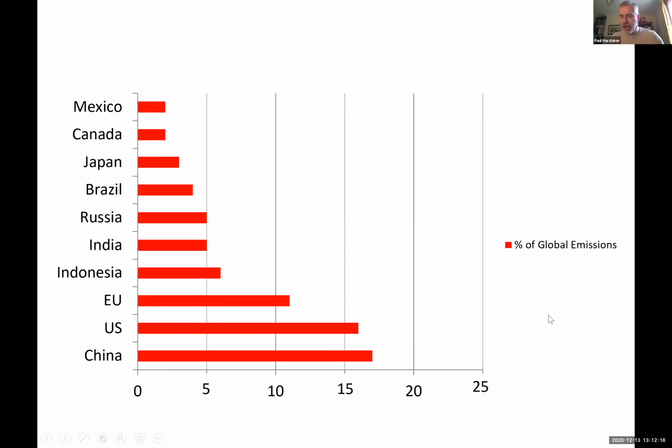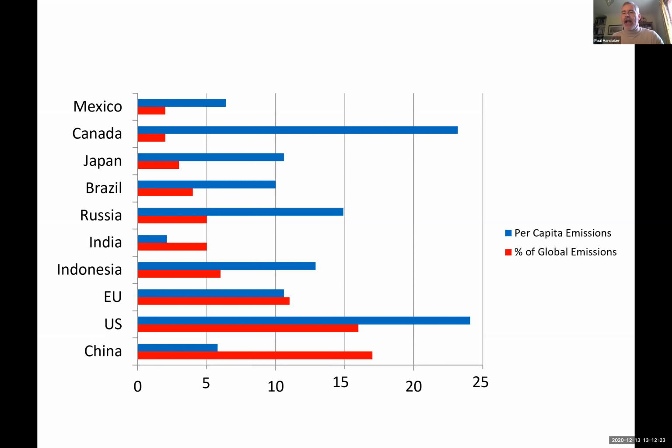But we showed this in one of those early meetings. So we recast the graph by per capita, by per head of population. And you can very quickly see that the picture looks very different if you include the population size. And it's not surprising in places like Canada, where it's very cold and you need to burn a lot of fossil fuels to heat places, that the per capita emissions are going to be very high.